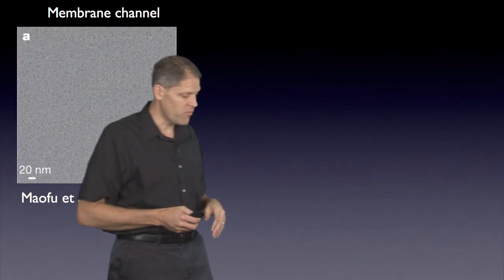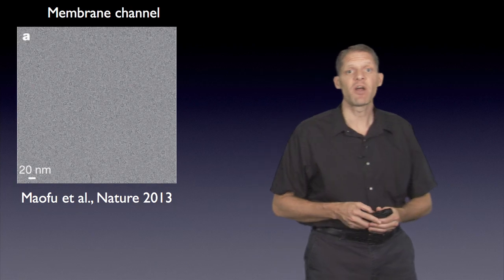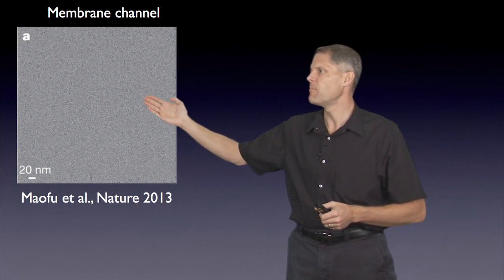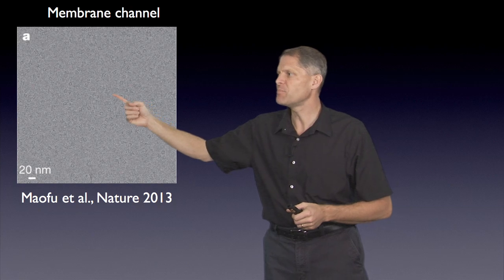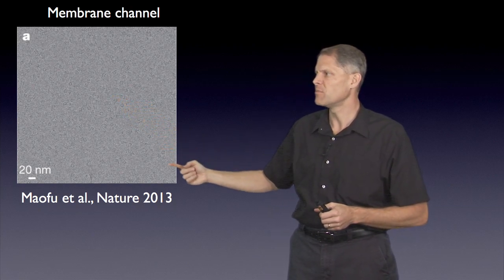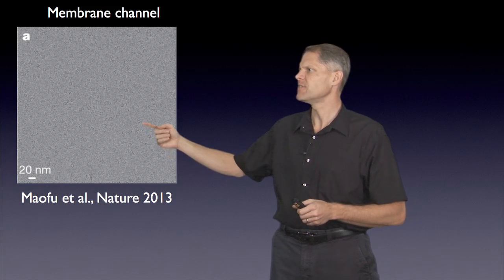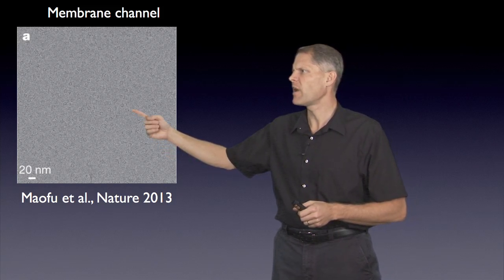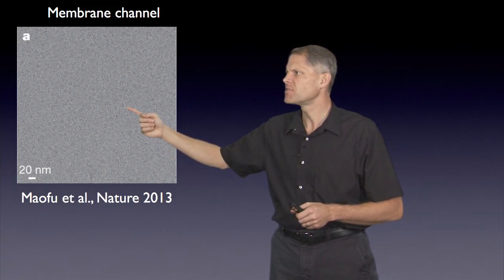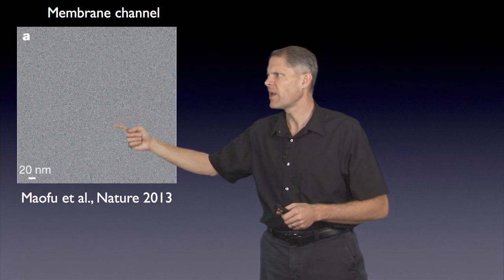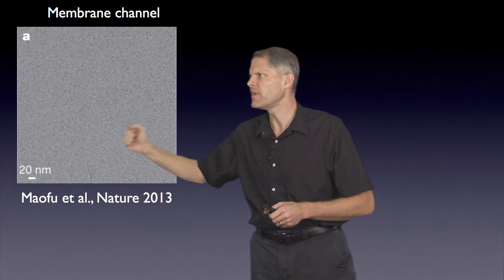Now, as an example of one of the smallest particles that single particle analysis has been applied to, I'm going to show the example of a membrane channel, actually the TRP channel. And this was published fairly recently by Yifan Cheng's lab at UCSF. And so here is the raw cryo-EM image, and these smaller dark spots are individual TRP channels imaged in random orientations within the ice.